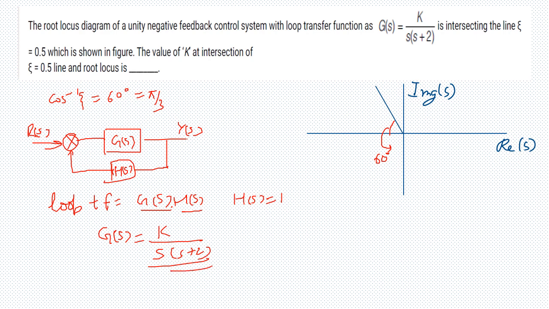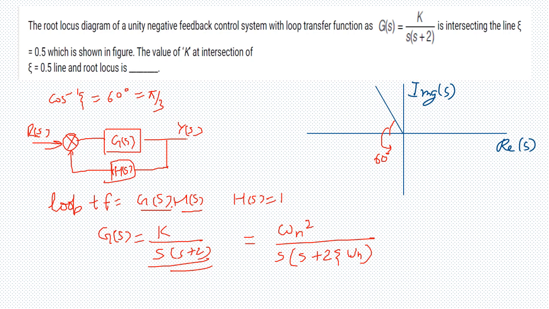So for deriving the answer to this question, we can compare it with the typical second order system control loop, whose loop transfer function is given by omega n squared over s into s plus 2 zeta omega n.